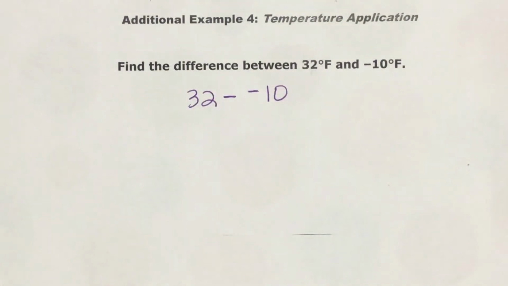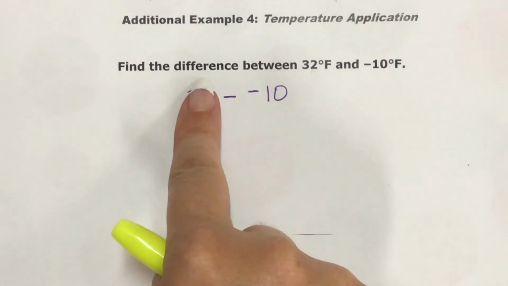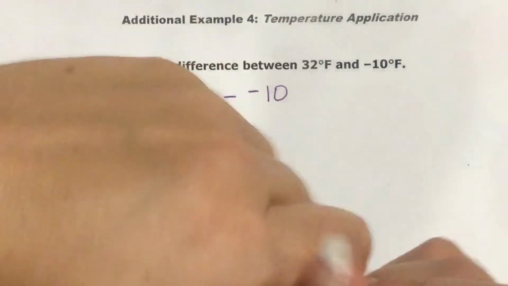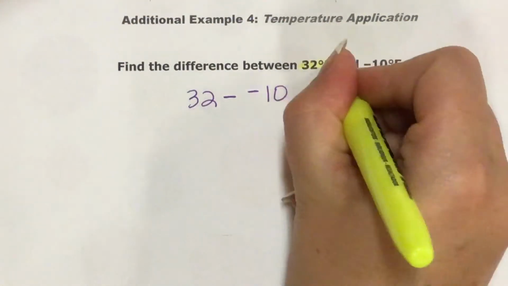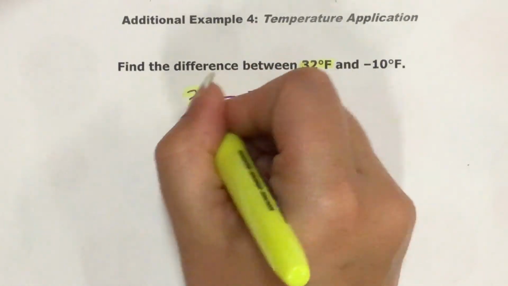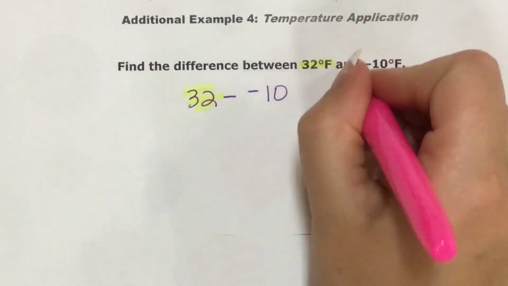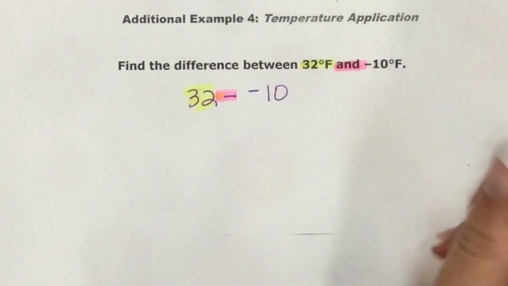So if you look here, what do you see? So we're finding the difference. Difference means we're doing subtraction between 32, this is the 32, and is where we put the subtraction sign, which is what we did there.